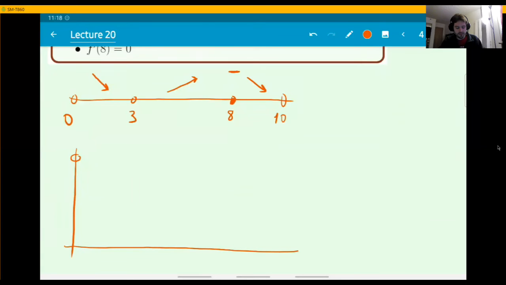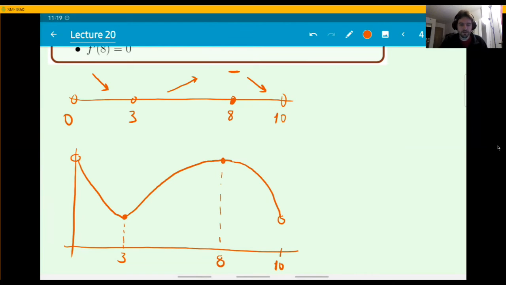It does have a value at 3, but it's not differentiable. So I'm going to do a cusp, like this sharp corner. And then at the number 8, it has a horizontal tangent line until it goes down again, not having a value at 10.